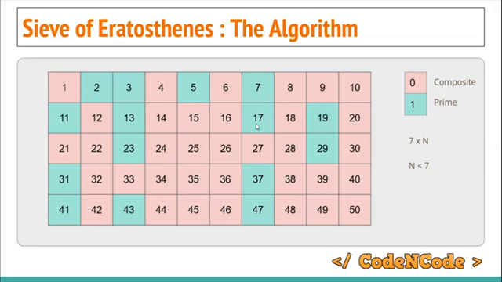Take the example of 17. If no number below 17 is able to divide 17, then 17 has to be a prime number. And if someone divides it, it would not be a prime number. If someone was there who was dividing 17, then it would already have been marked as 0. But since it is not marked 0, it is a prime number.